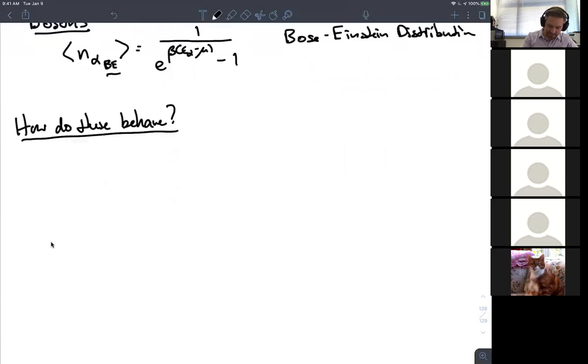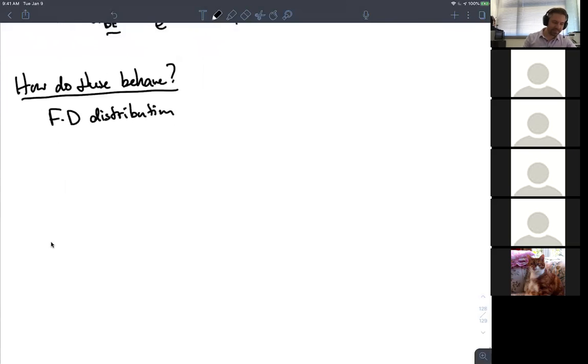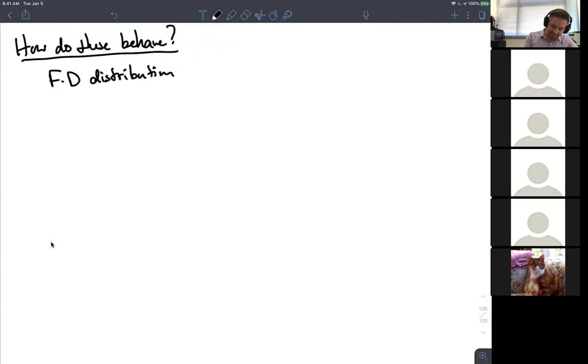All right, so first of all, let's talk about the Fermi-Dirac distribution, because it makes a little bit more sense intuitively than the Bose-Einstein distribution. The Fermi-Dirac distribution is, again, 1 over e to the beta (epsilon alpha minus mu) over kT, plus 1 in the denominator.